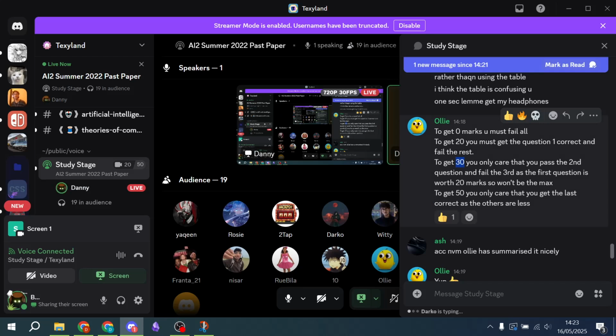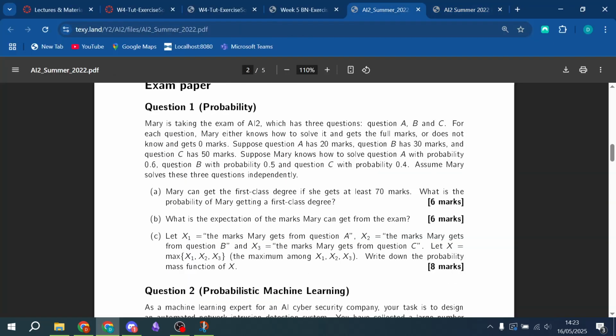And then to get 30, you have to get question B right, but get question C wrong. Because if you get question C right, then that will be the maximum, because it gives 50. But it doesn't matter if you get A right or wrong, because it's less than 30, so it will never be the maximum if you get B right.